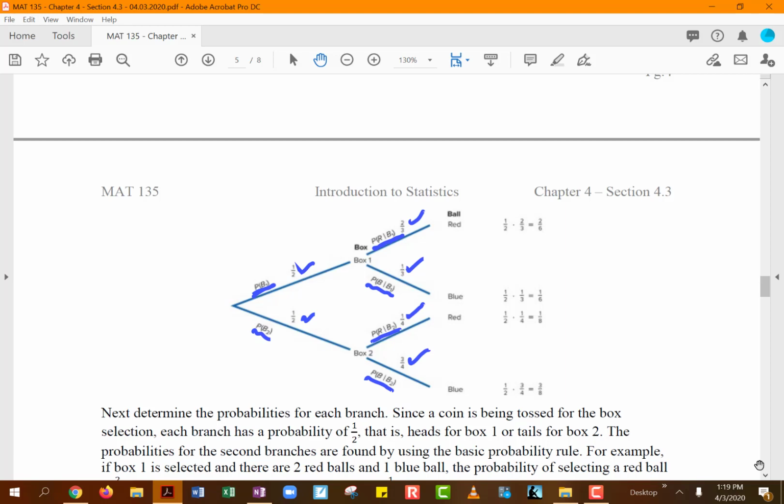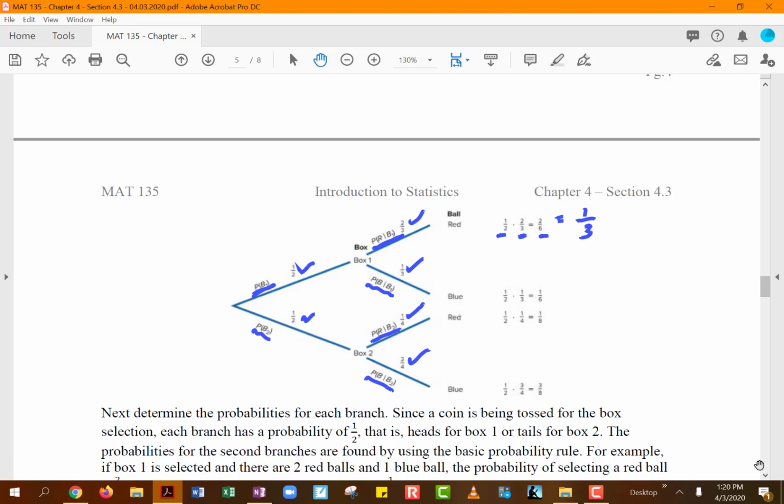And then when you calculate the probabilities, you take the 1/2 for choosing the first box and multiply by the probability of choosing red from box 1. So that's 2/3, which gives you a probability of 2/6, which I would probably reduce down to 1/3, but you can leave it for now.